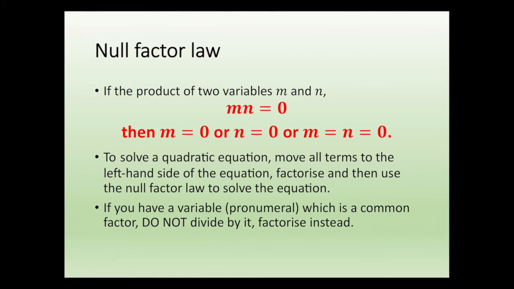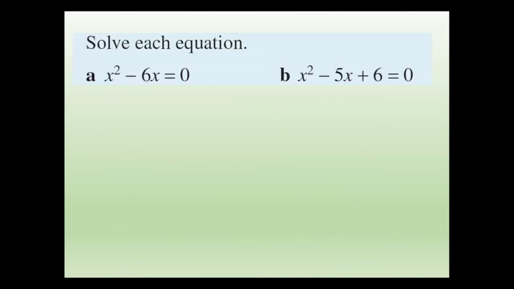If you have a variable or polynomial which is a common factor, do not divide by it, factorize it instead. What I would suggest at this stage is that we are looking at quadratic equations which cross the x-axis either once or twice. We will look at a quadratic equation which does not cross the x-axis a little bit later.